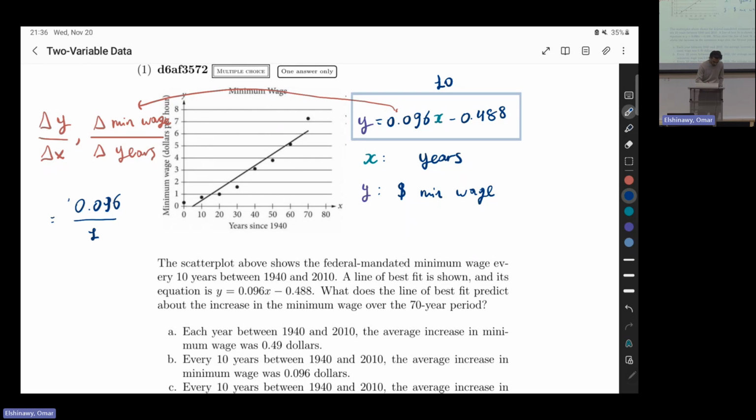Now, above is the minimum wage, and below is the years. So I hope that makes sense. So the rate of change is 0.096 dollars per year. In 10 years, this should be roughly $1, I think. So $0.96. This is a bad dollar sign. This is a better one. Okay.